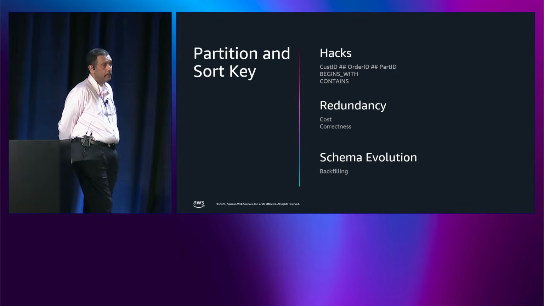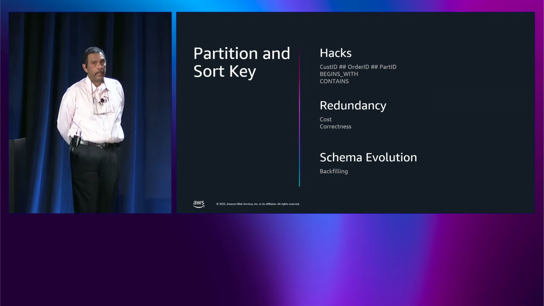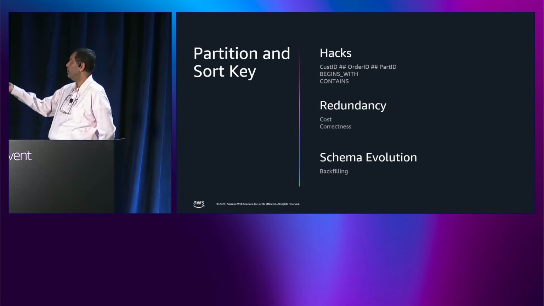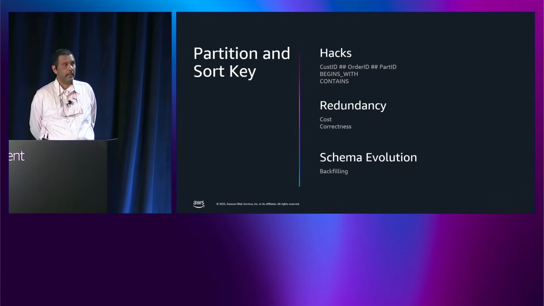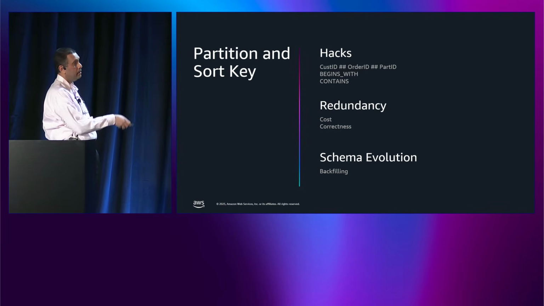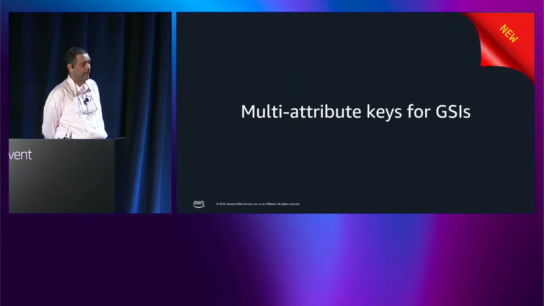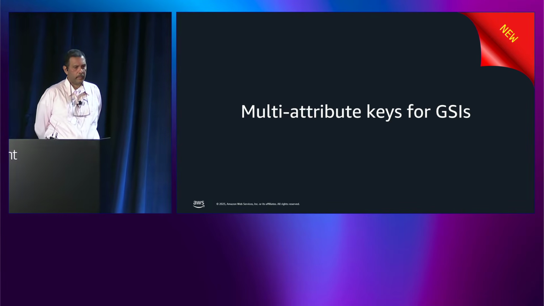If you did not want to pay the price and have redundancy, it became hard for you to evolve your schema over time. Because if you need to build another GSI, as an example, and you wanted to use order ID, now you have to go backfill it, pull it out from the middle of this key. Became a pain. So as of, I think this was a week ago, we launched this.